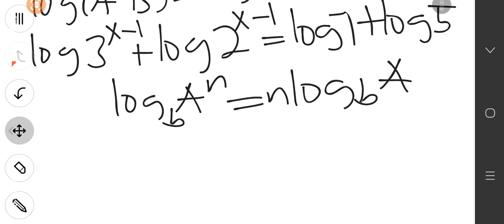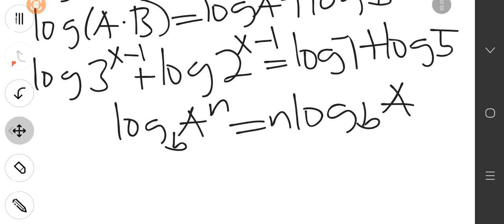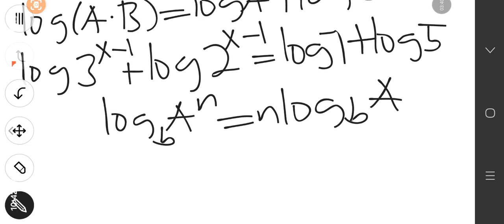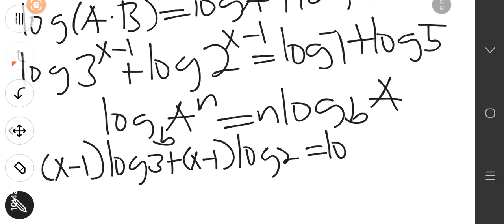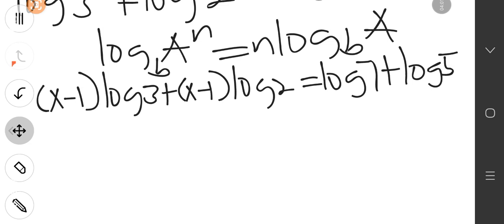So you're going to have (x - 1) times log 3 plus (x - 1) times log 2 equals log 7 plus log 5. All right, so we have x - 1 here, and we have it here.